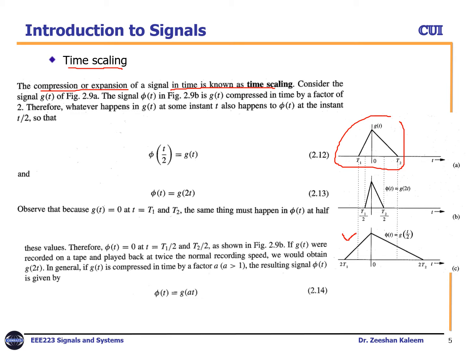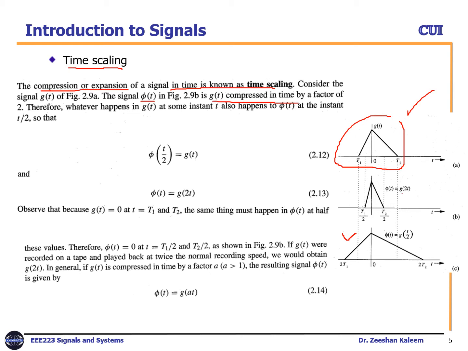So consider signal g(t) as shown here. You must remember that we are using phi(t) to rename the signal when it is delayed or time scaled. This is just for representation. So signal phi(t) is g(t) compressed in time by a factor of 2.